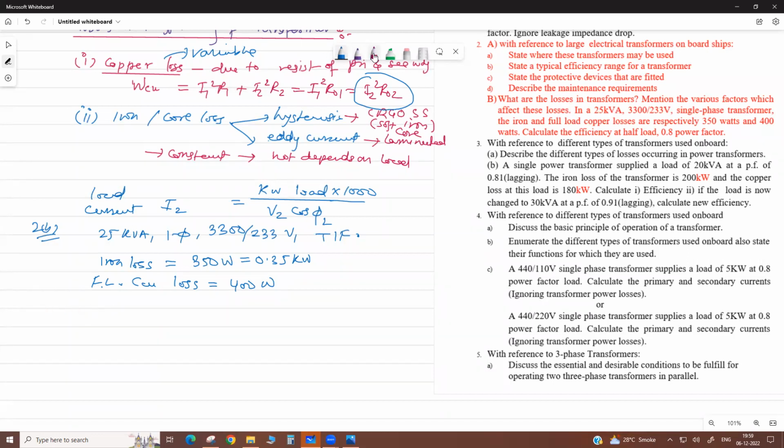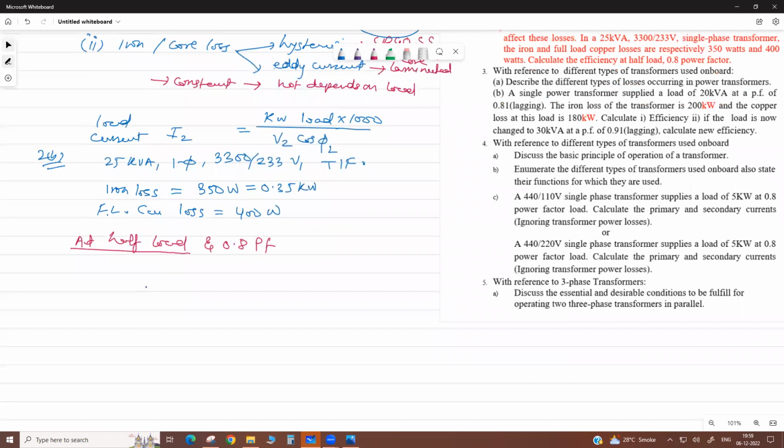Now you write at half load and 0.8 power factor, lagging power factor. See, at half load and 0.8 power factor, you first write the kilowatt output power of the transformer. What is the kilowatt output?